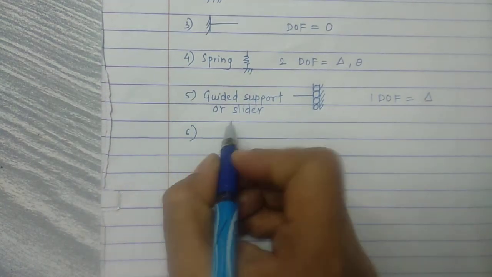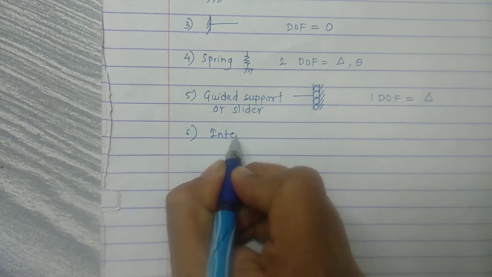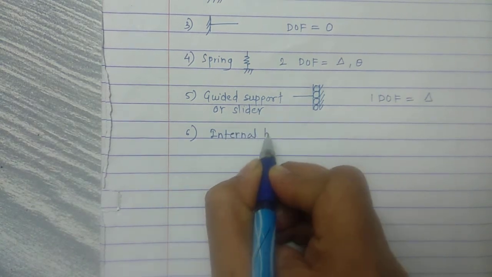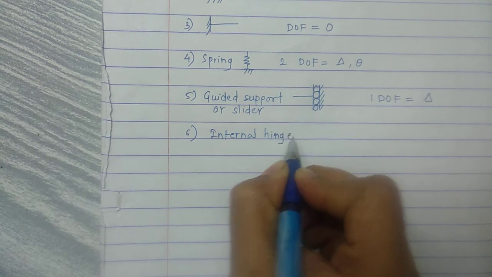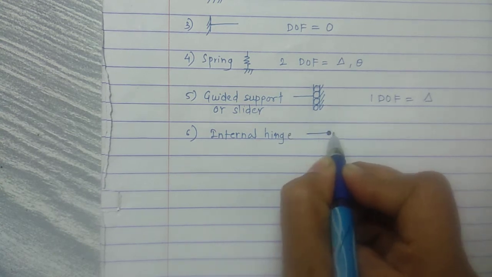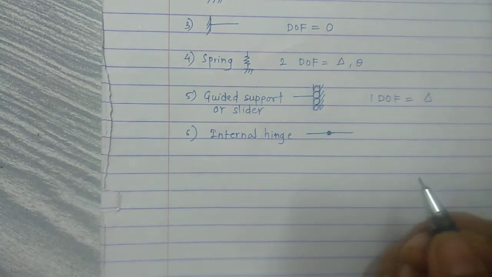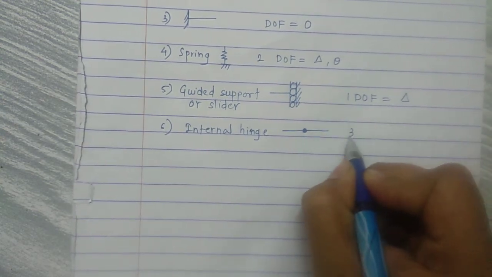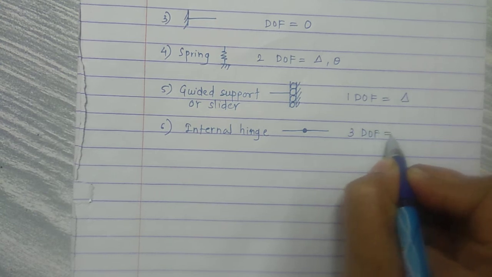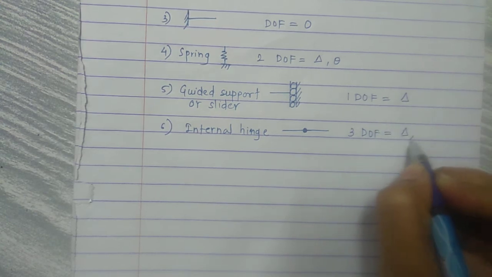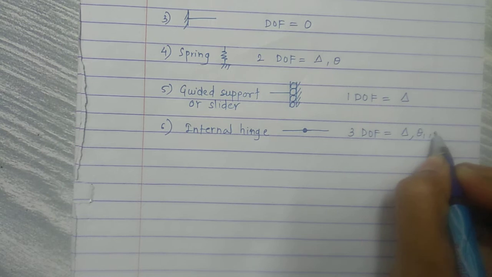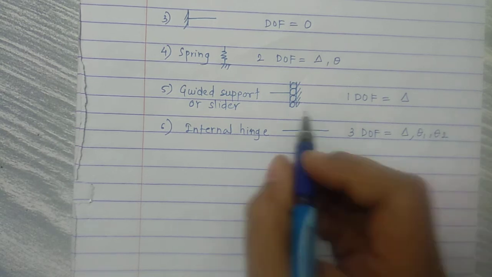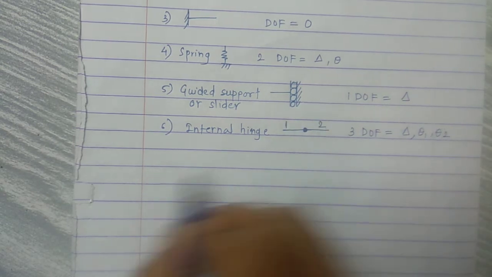Number 6, that is the last support, the internal hinge. That can be shown with this type of symbol, a dot. This internal hinge has 3 degrees of freedom, that is delta, and 2 rotations, theta 1 and theta 2. Suppose this is the first member and this is the second member.